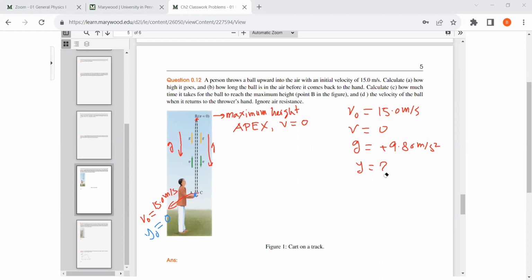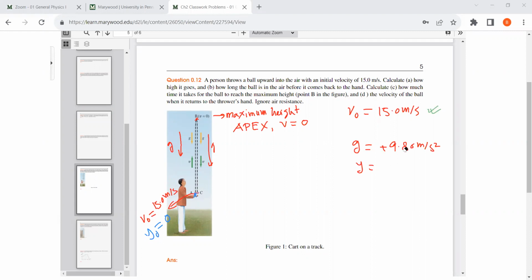For the next problem, again v0 is this one, that's correct. This is not correct in that sense, because the object goes up and then comes back. The only information we are given here is v0 equal to this.